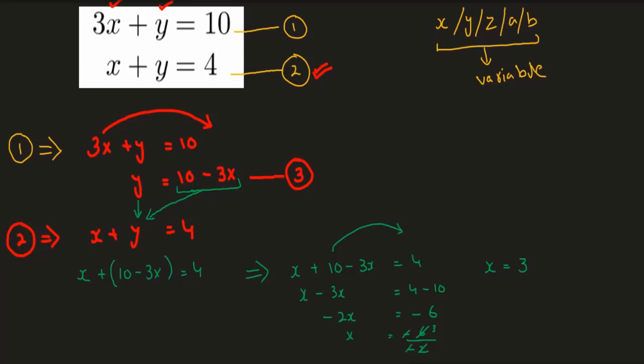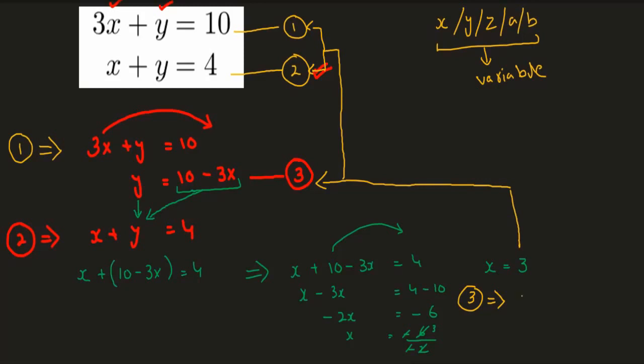After I find the value of x, I can take this value and substitute it in either equation number 1 or equation number 2. We would get the same answer for y. So let's just say that I am going to substitute this value of x in equation number 3.